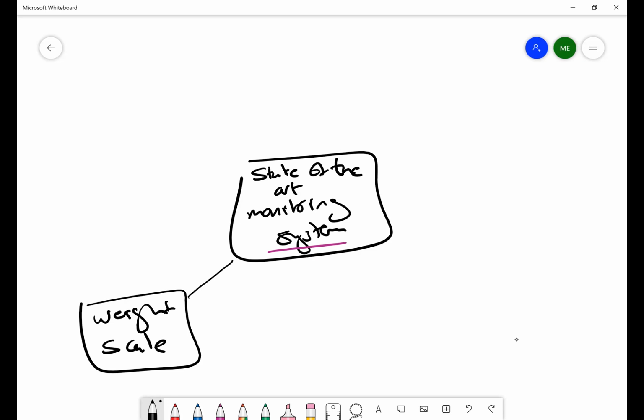Are we dealing with the same box? With that box, I got the weight scale. Now, is the weight scale itself going to dispense the food? No, it's something else. And what is that something else? Exactly. No, the dispenser is a thing.